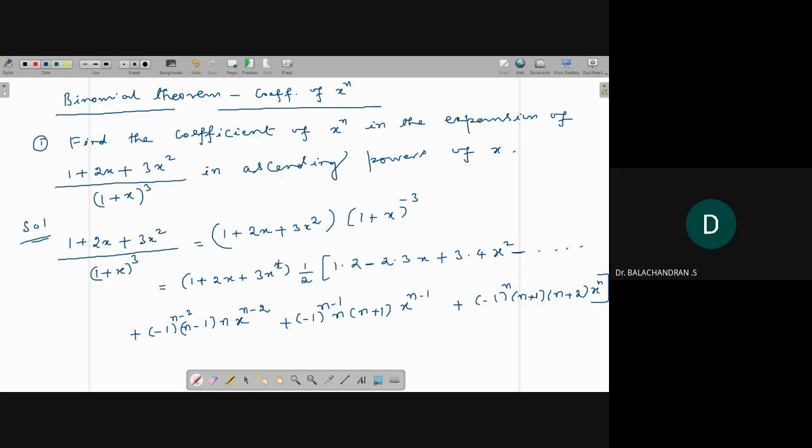And 3x square into x power n minus 2, if you multiply these two, I will get the coefficient of x power n. So the only 3 possibilities. But this 1 by 2 is also common. So the coefficient of x power n is equal to, I will write here, coefficient of, I don't have space.